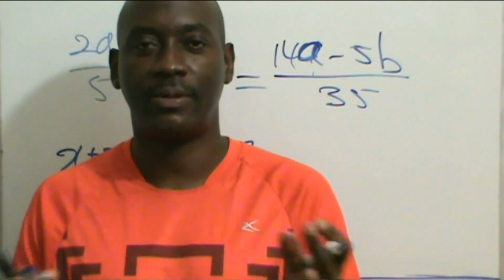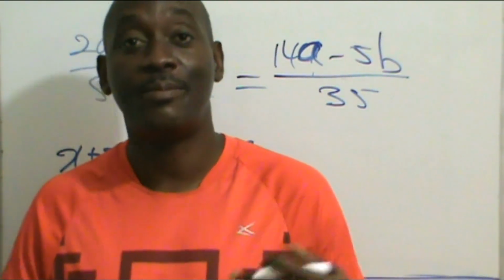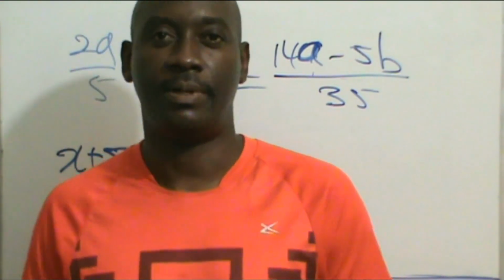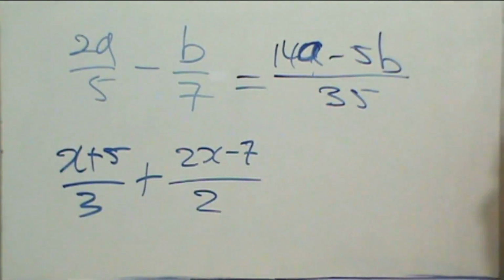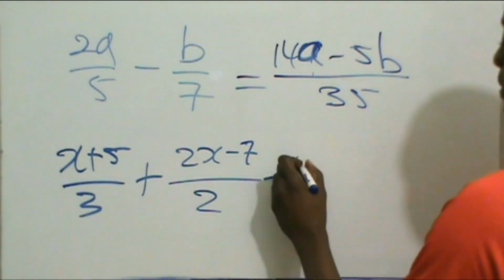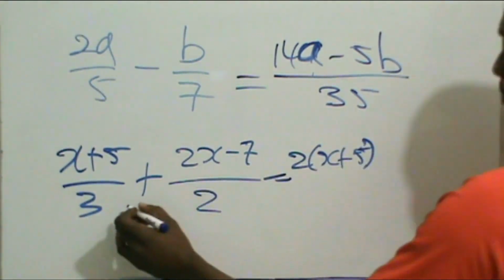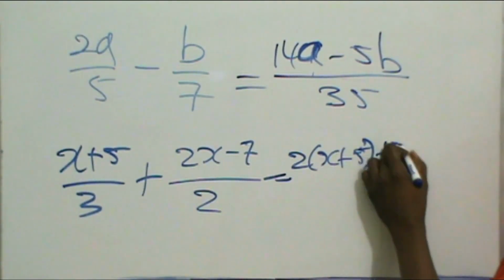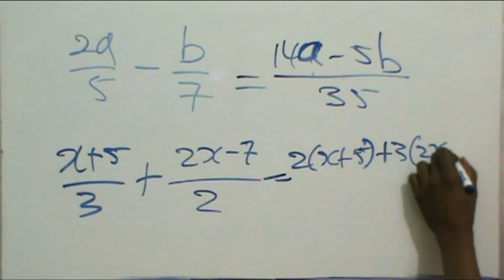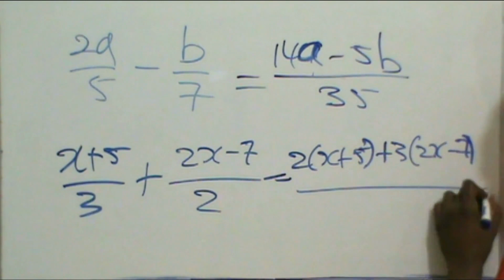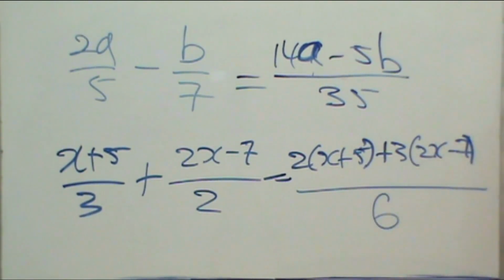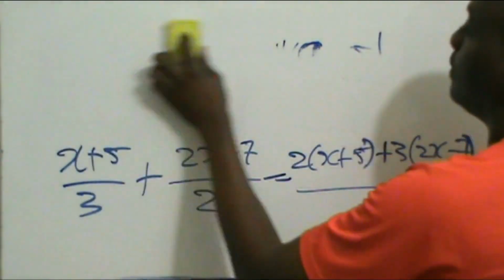They like to bring that as a question, and as often as they bring it, it still causes people problems. So the aim is to eliminate that for you looking at the video. So 2 into x plus 5 is equal to 2 brackets x plus 5, plus 3 into 2x minus 7, all over 3 times 2, which is 6. So we're going to rub off the top here now and finish this question.